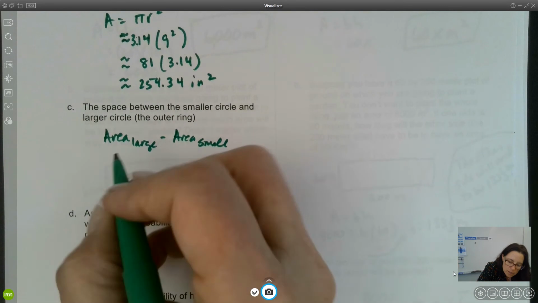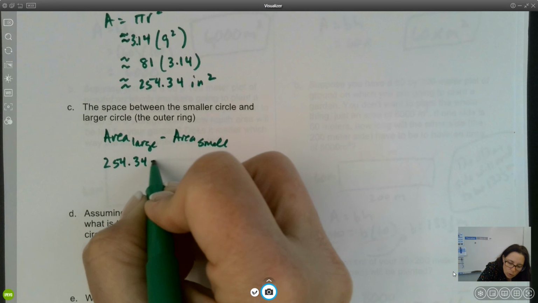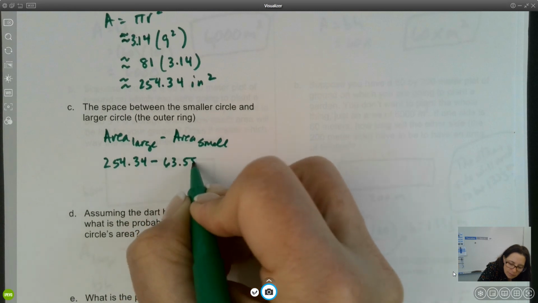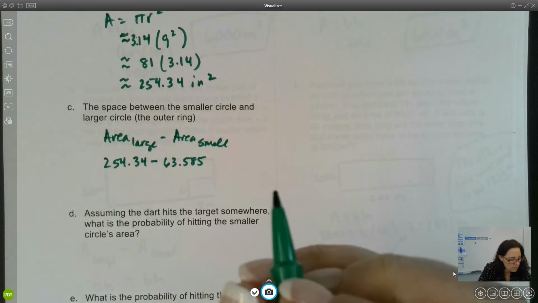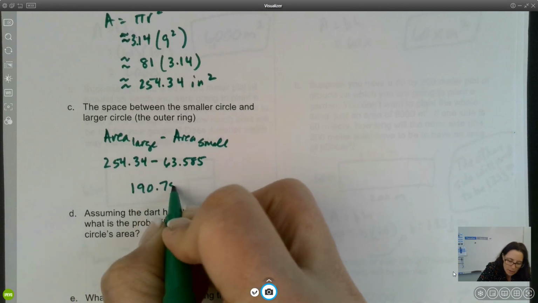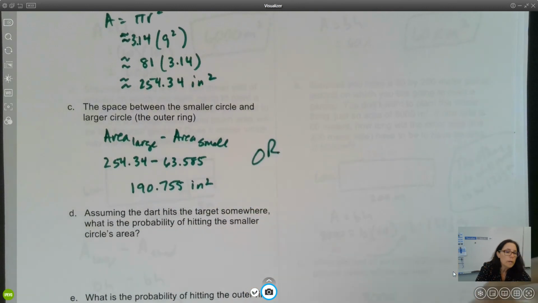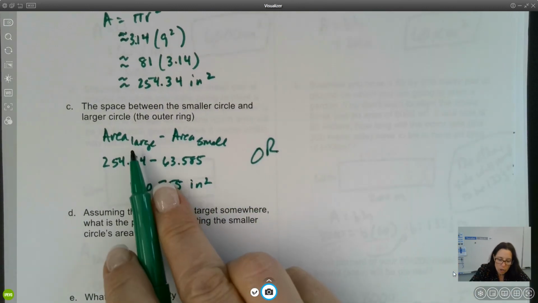There are a couple ways you can do it. You could take 254.34 minus 63.585, and that would get 190.755 inches squared.